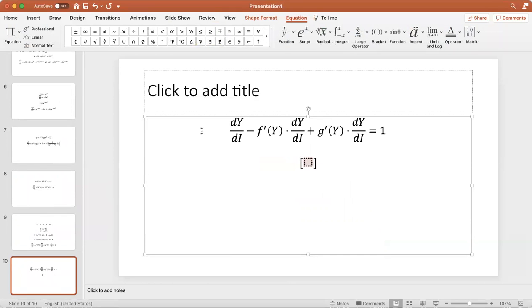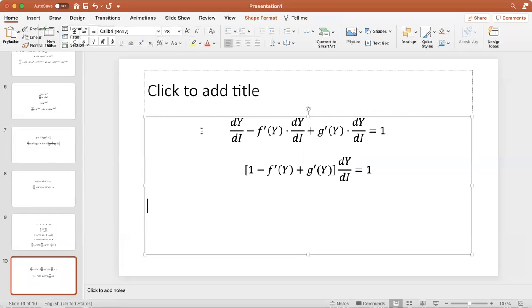So you have 1 minus f prime of y plus g prime of y, times dy over di, and the right-hand side is just equal to 1.